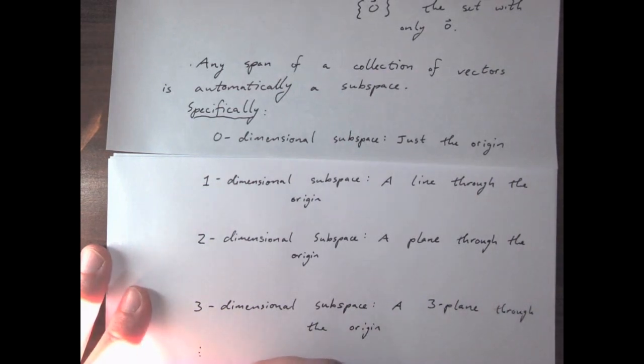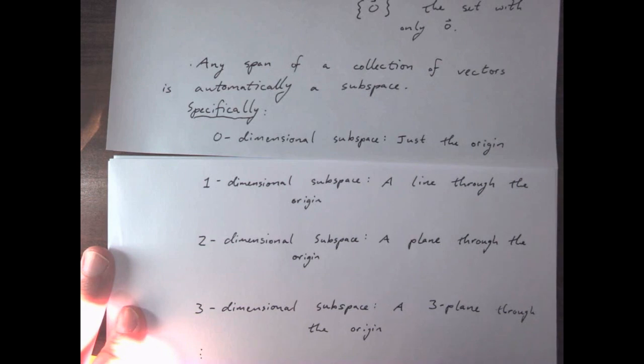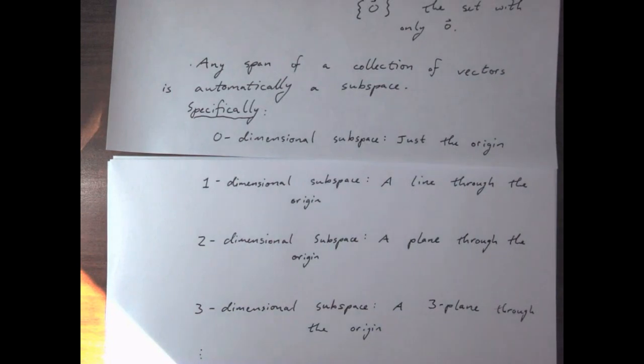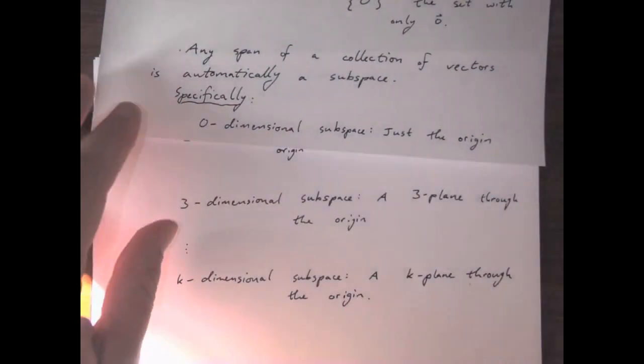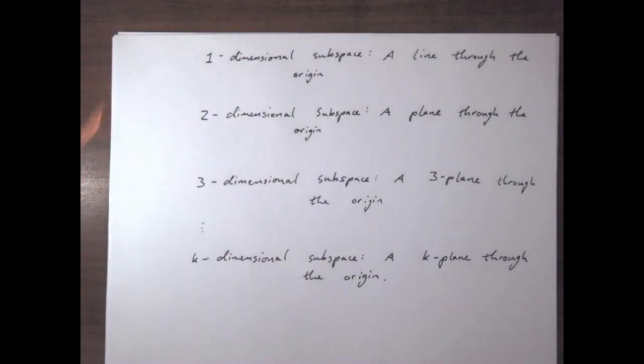And same is true up to any arbitrary level, so k-dimensional subspace. So it's easy to say, hard to visualize. So the pattern just continues. It was same as it was, just with k in place of 3. So a k-dimensional subspace is a k-plane through the origin.